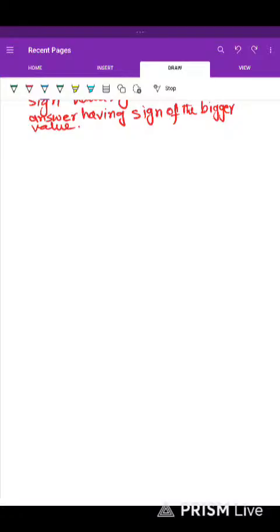A very simple linear equation we are asked to solve.